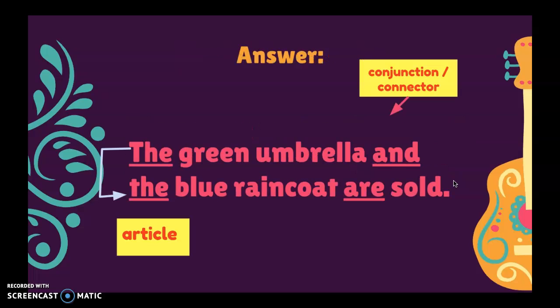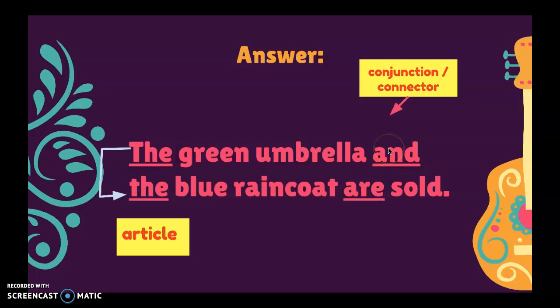So when we combine it, we use the connector "and", but we say the green umbrella and the blue raincoat are sold. Now, there is a minor change here, but we keep the article "the" here. Why? Because we want to emphasize the object. So, the green umbrella and the blue raincoat.